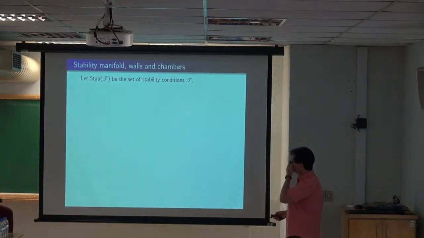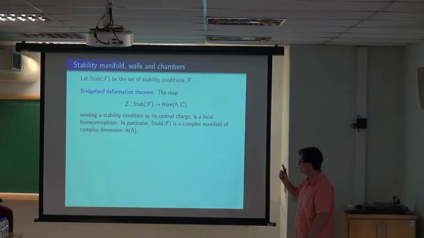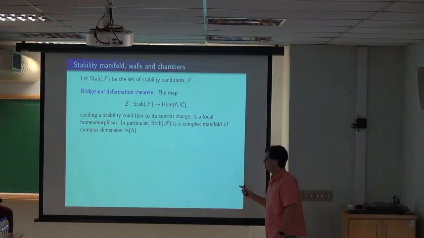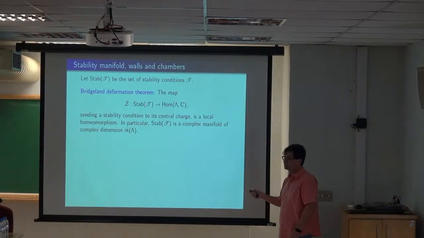Two of the most important results in this theory is the so-called Bridgeland deformation theorem. Remember that you can make a set of all stability conditions on a triangulated category. Every stability condition is a pair, right?